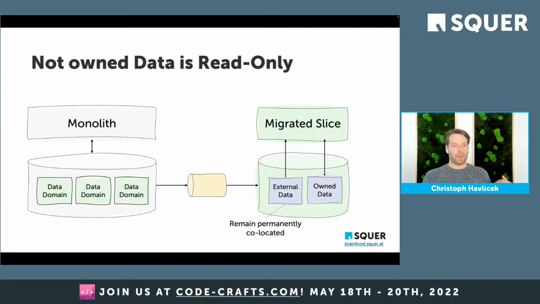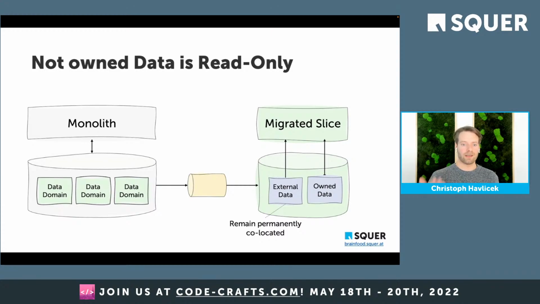If the data is not owned by the migrated slice, it is read-only. What does this mean? In most cases, the migrated slice will require data from different domains which it is not the owner of, but at the same time it requires this data to execute its business logic. So we are going to synchronize data not owned by the slice into its data store and keep it there as read-only data, which is permanently co-located and continuously updated.